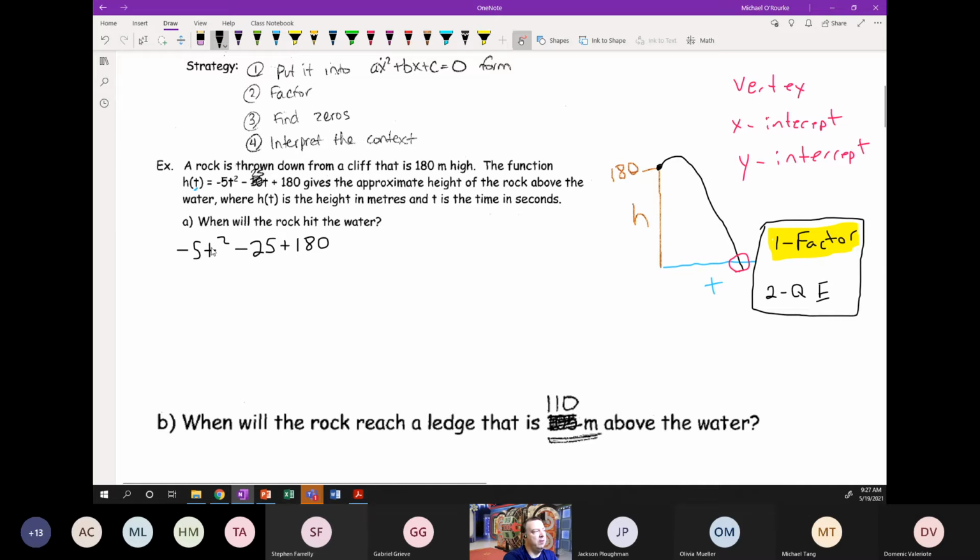Because we all know that when factoring, we've always used x's, here it's just the t. So if we common factor out the -5, we're going to divide all this by -5.